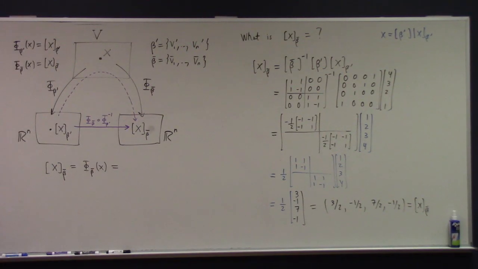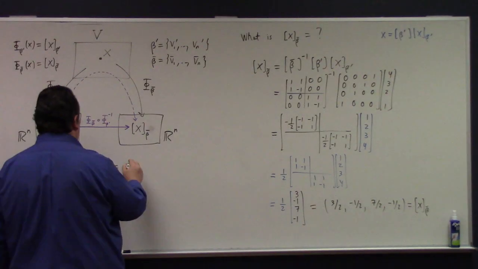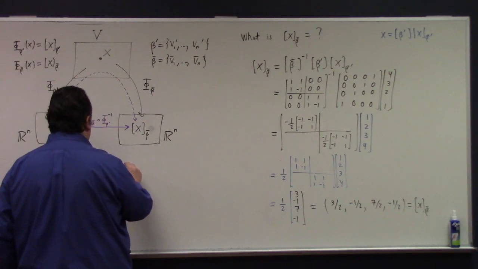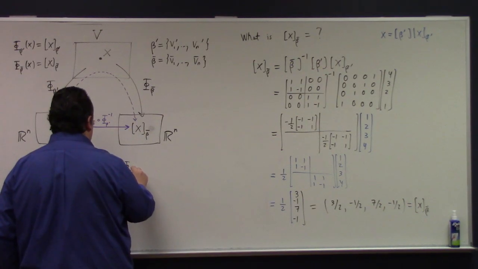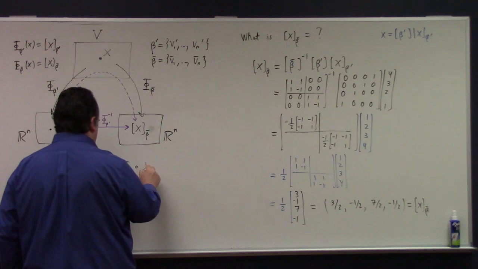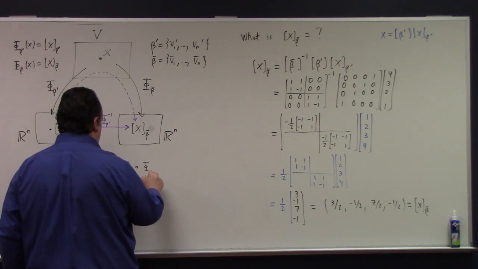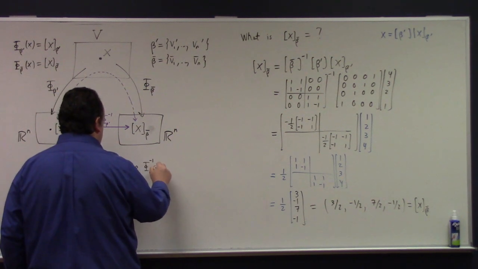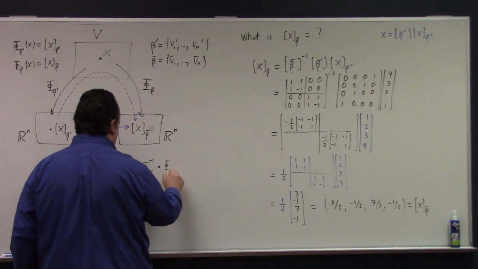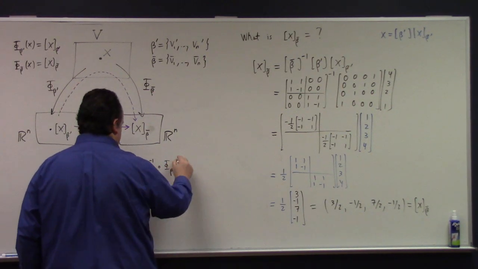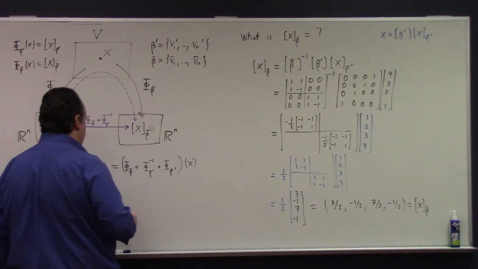But if you use your imagination, you can also write that as phi beta prime. Oh, my bad. You can write that as phi beta bar composed with phi beta prime inverse composed with phi beta prime of x.